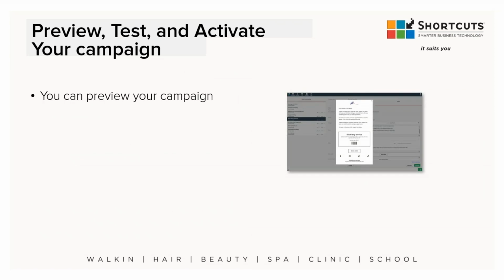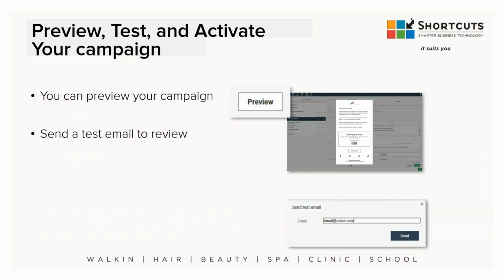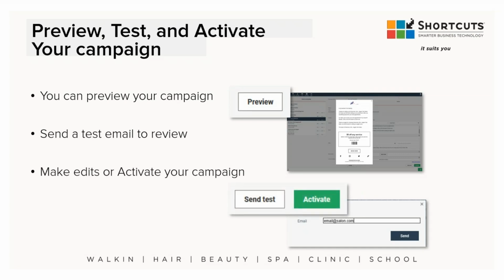So as you start to assemble a campaign, you can preview it, and Shortcuts will give you a sort of snapshot of what this message looks like. Or you can send a test email to yourself or to your colleague or to your manager, and then take a look at it. See if you need to make changes on the wording or the graphics that you choose, send another test, and when you're happy with it, then press the activate button.